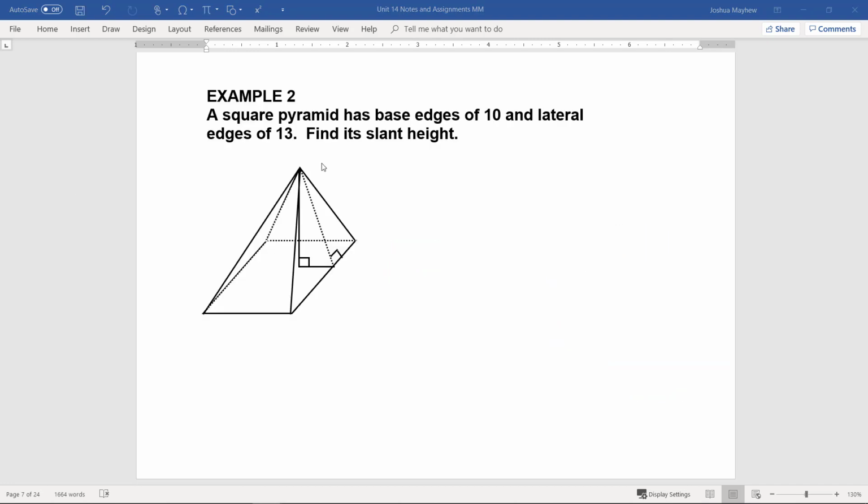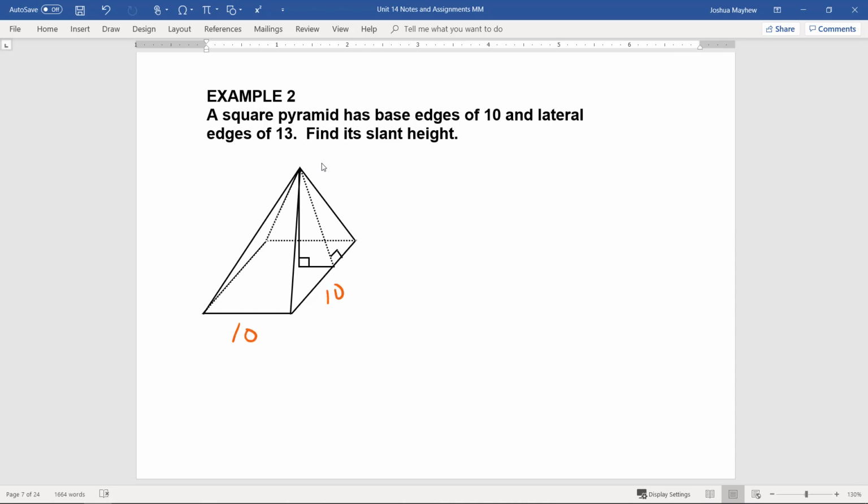All right, let's look at number 2. Number 2 says we have a square pyramid that has base edges of 10 and lateral edges of 13. Find its slant height. The first thing we are going to want to do is label the parts that we know. We know the base edges are 10, so that length's 10.